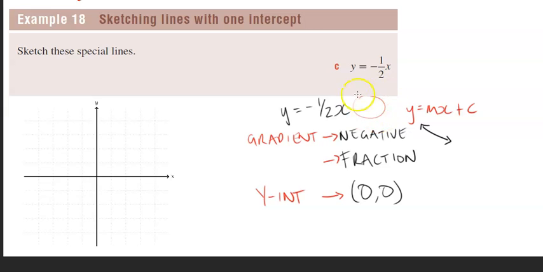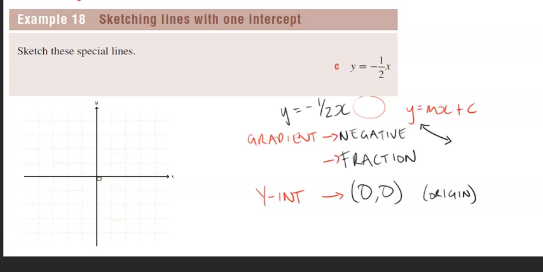When there is no number as our C, your intercept is going to happen right in the middle of what's called the origin. Okay, so be very careful with this. It's not going to hit anywhere within the y axis other than the origin. It's the only spot that's going to hit.